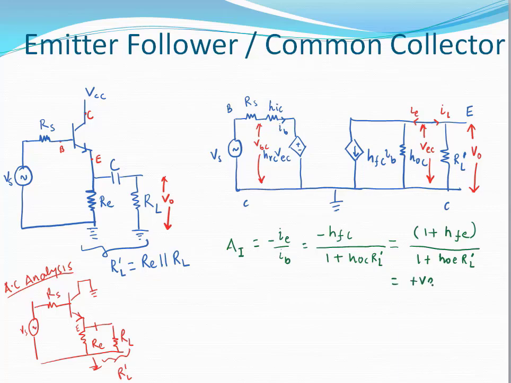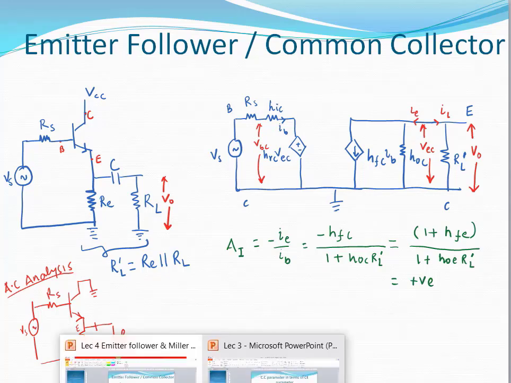If you see, this current gain is positive because the value of HFE would be around 50, and HOE is equal to 24 microampere per volt, so the overall current gain comes out as a positive value. And when in the last class we calculated common emitter without RE, the current gain was coming out as a negative value, that we can see here.